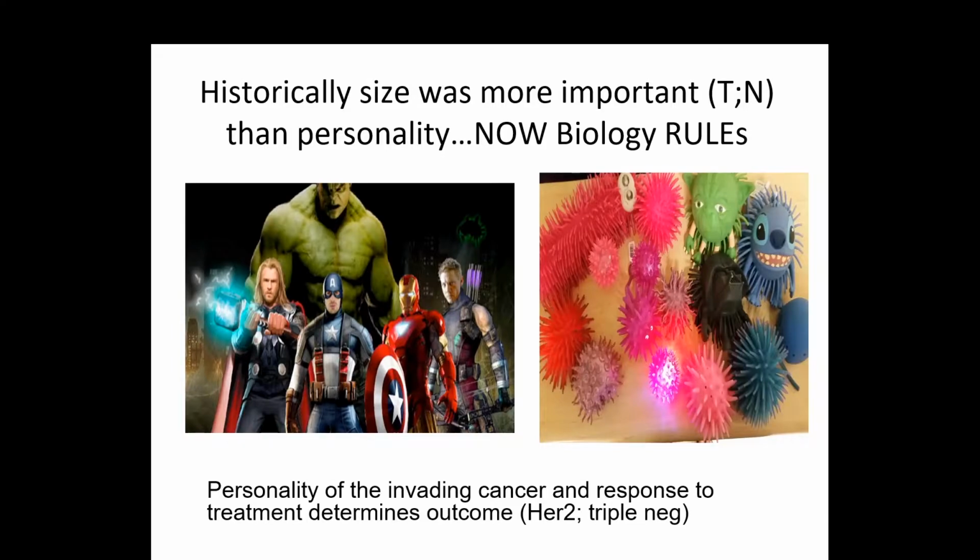I want to stress the important role of the pathologist. We understand TNM, size, the importance of size, big tumors, ugly tumors, etc. But it's actually really more around personality and biology, and that's why we have our Avengers there below, and we have our big Hulk, and our different types of special types of cancers we need to understand.